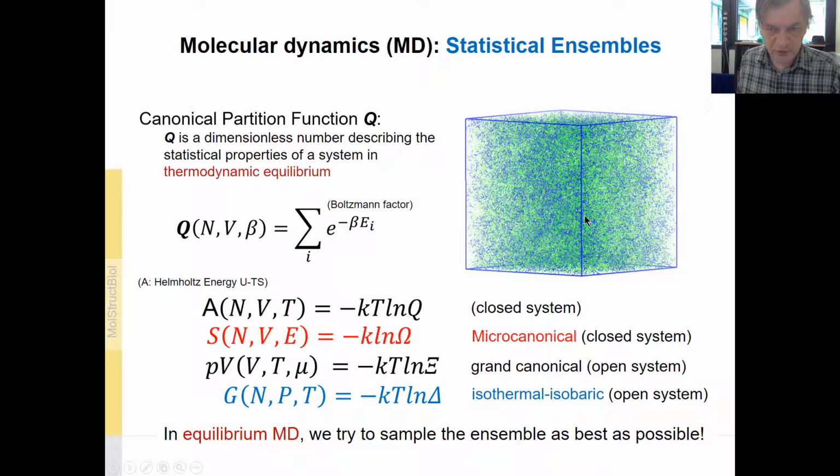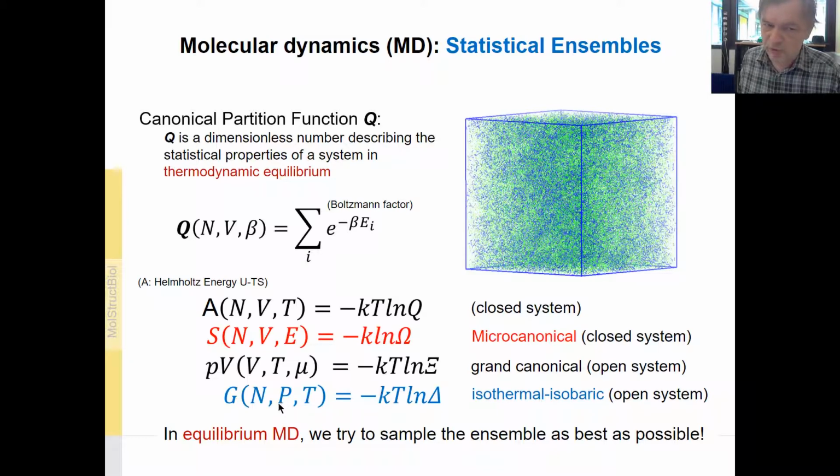The particles cannot go out and in, they cannot escape our box. The temperature is kept constant by coupling it to a heat reservoir, by computational means. You could imagine a reservoir around it, but actually the computer simulates it. And the pressure is constant, for example 1 bar, 1 atmosphere.